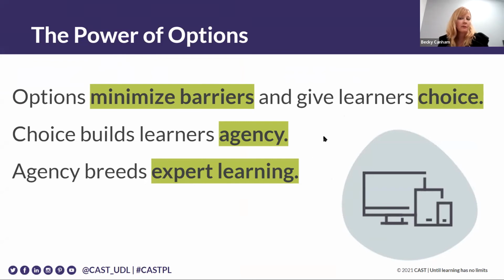Options minimize barriers and give learners choice, which was definitely evident in Paulette's experience. Choice builds learners' agency, and agency breeds expert learning. So again, when we're thinking about expert learning, we're really thinking about knowing how to learn, knowing what you need as a learner, knowing how to make plans, set goals, and accomplish those plans. We did hear from Paulette how options helped build her agency as a learner.